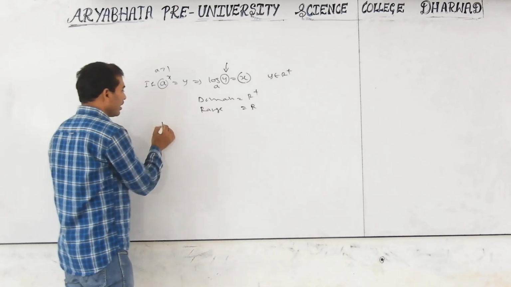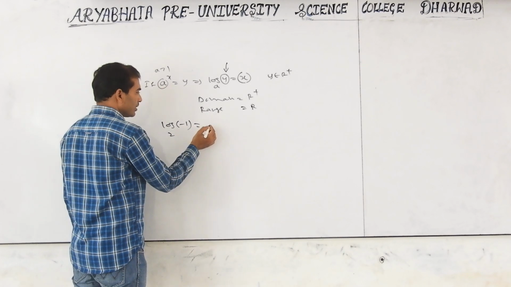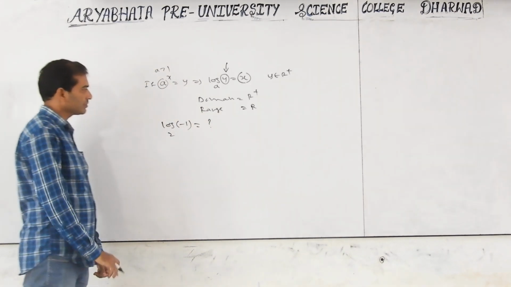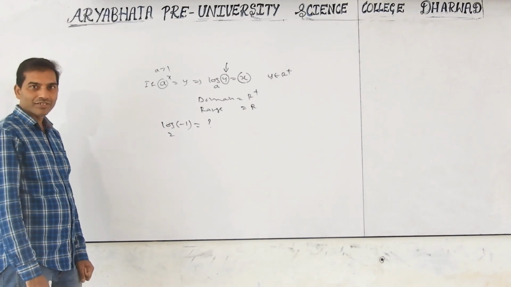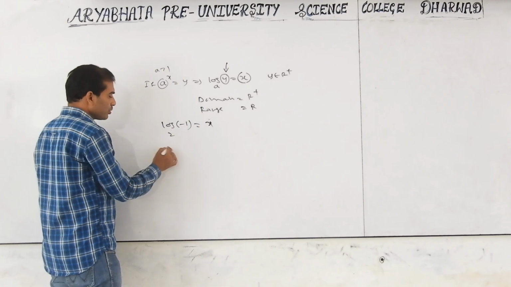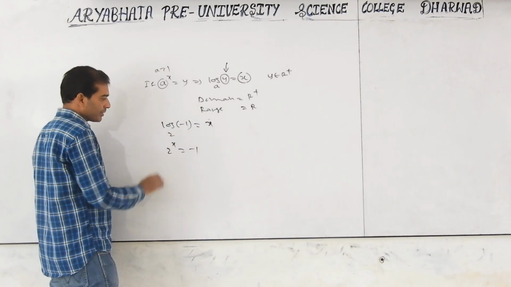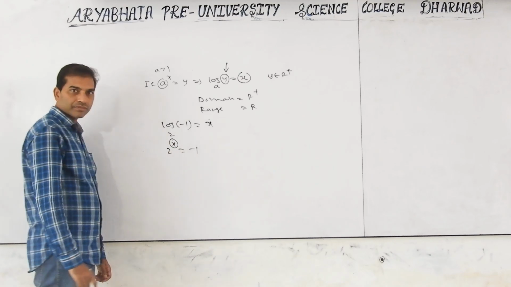See, does log of minus 1 base 2 exist? It does not exist. Take for example 2 raised to x equals minus 1. By taking any x value, can you get minus 1?